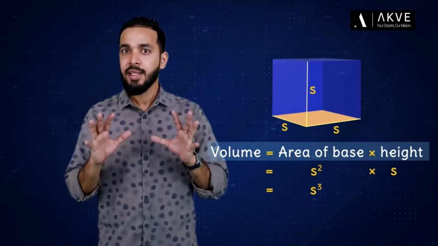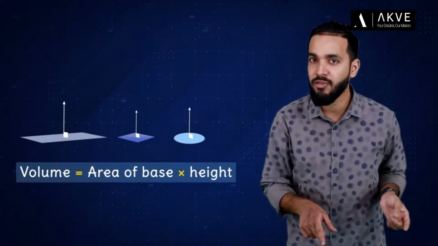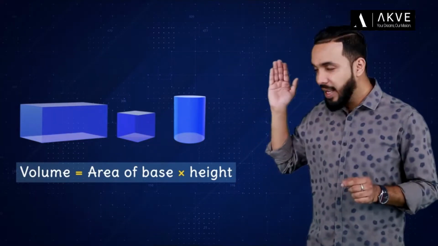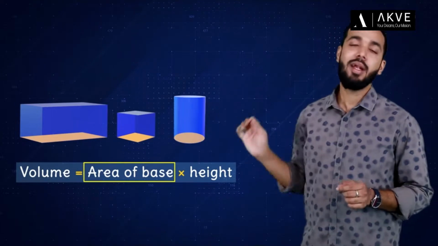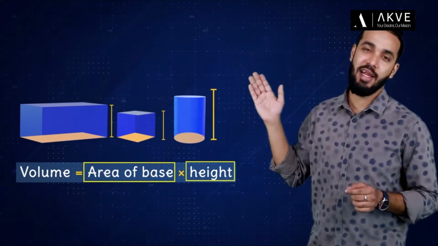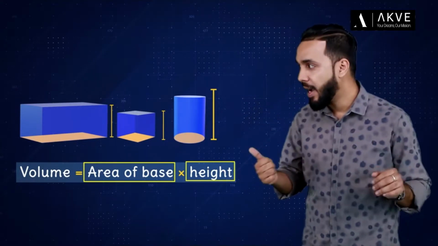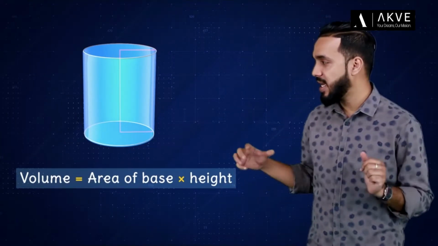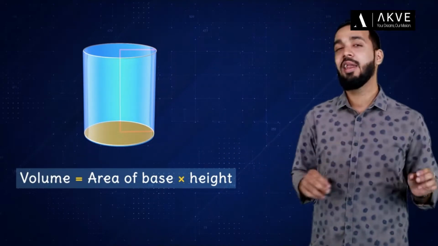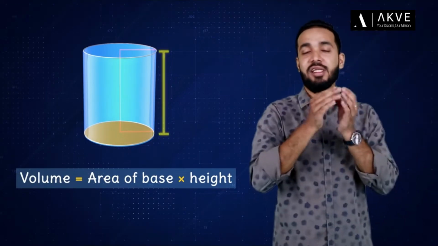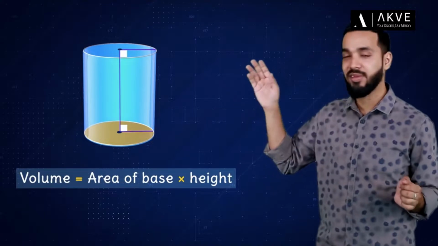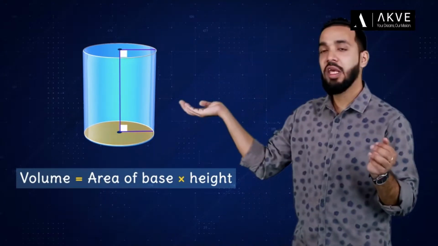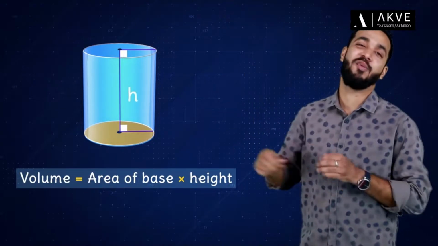So basically, the volume of a 3D shape that can be found by extending a 2D shape perpendicularly is equal to the area of the base multiplied by the height with which it got extended. Now, applying the same to a right circular cylinder, all we need to find is the area of the base disc and the height of the cylinder, which is represented by the length of the axis. So, two prerequisites, the area of the base disc and the height of the cylinder.